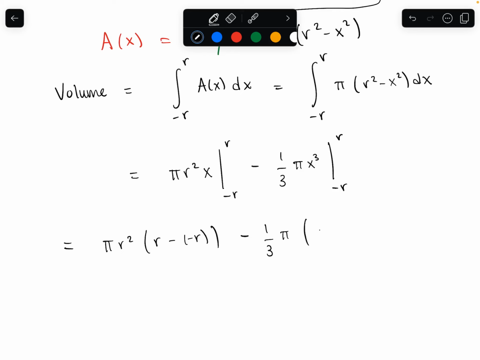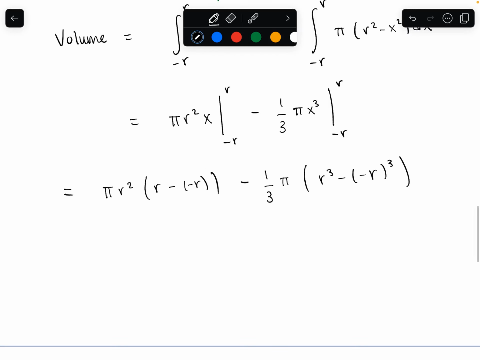Minus 1/3 pi, r cubed minus negative r cubed. Okay, now just simplifying that, this first term becomes 2 pi r cubed. Yes, actually, 2 pi r cubed. And this other term becomes minus 2 pi over 3 r cubed.